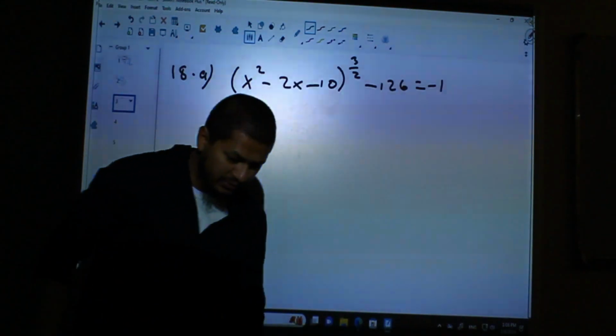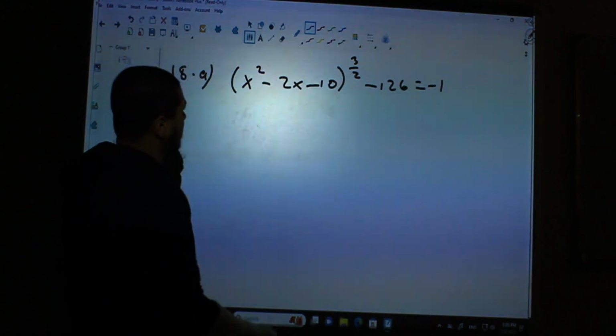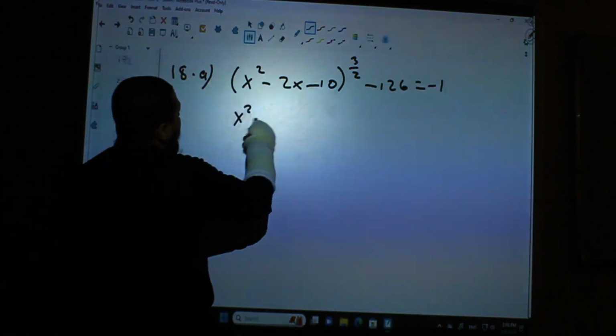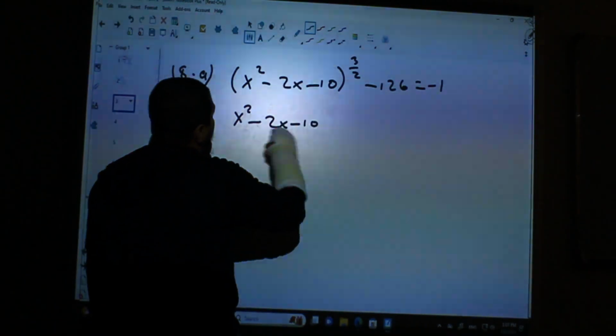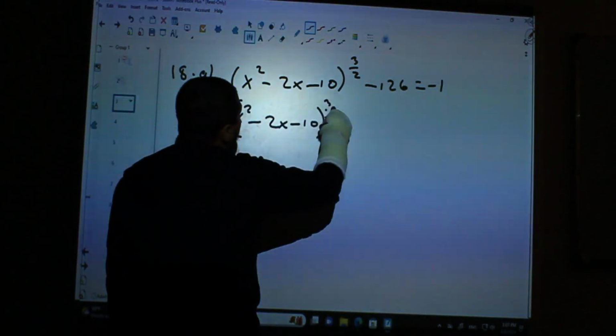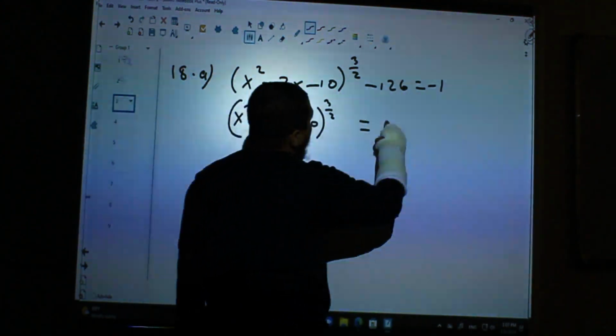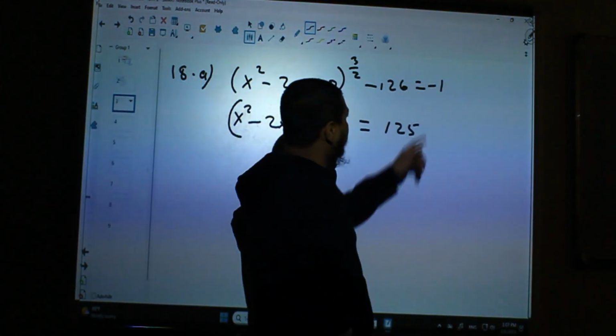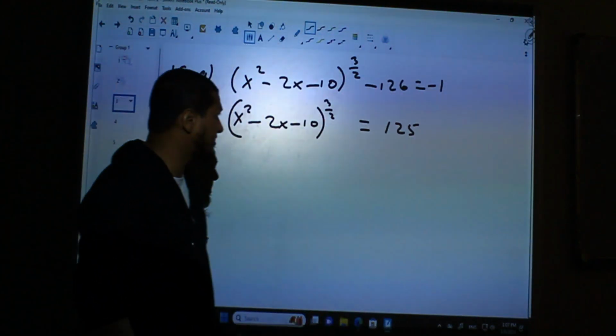So the first step is we will take the negative 126 to the other side. So we get x squared minus 2x minus 10 to the power 3 over 2 is equal to 125, because negative 1 plus 126.